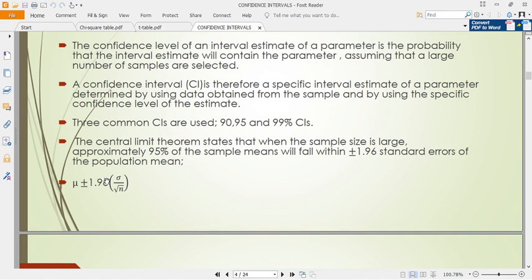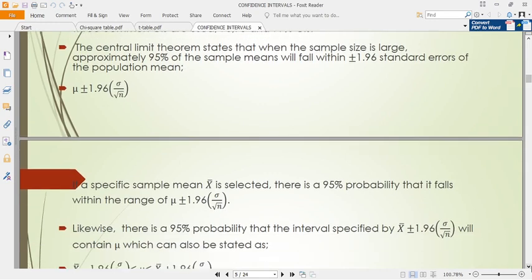So this is our Z value, the standard error, that when the confidence level is at 95%, the mean will vary between this value, 1.96. So in our next slide, we are going to see how the 1.96 comes.